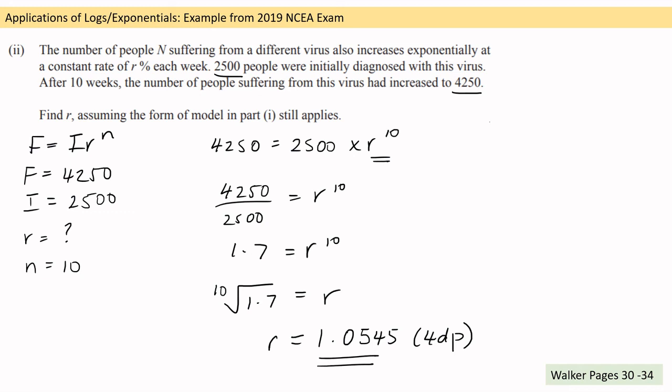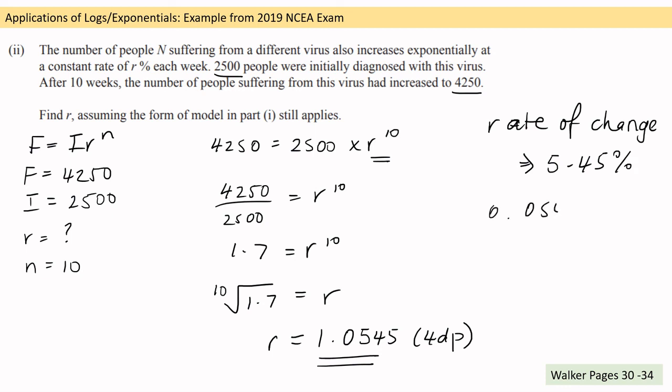Okay, so the percentage of the rate of change is 5.45%. Okay, because if we multiply 0.0545 by 100, that's what we get.